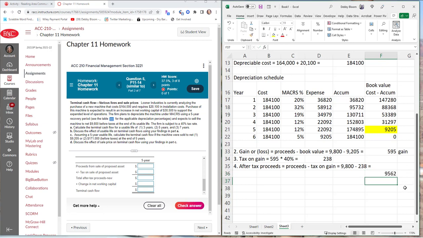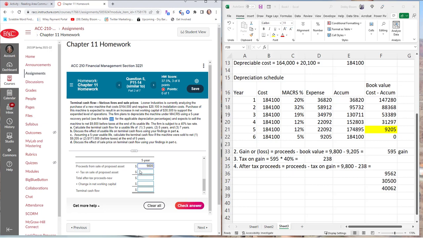So we're going to net $9,562. Remember, we're also going to have to release our working capital of $30,500. Together, we come to $40,062 terminal cash flows.